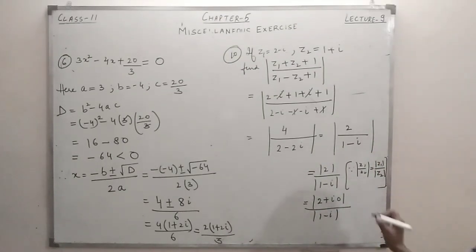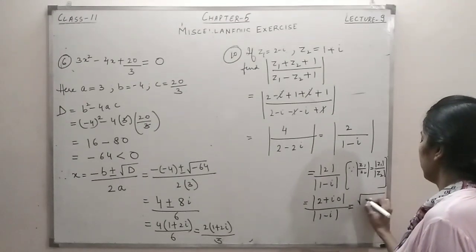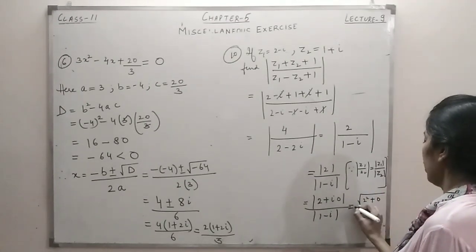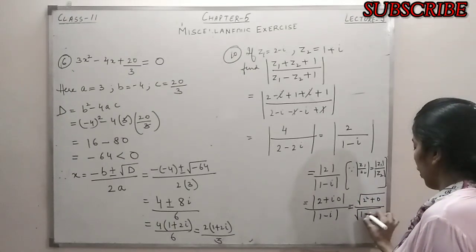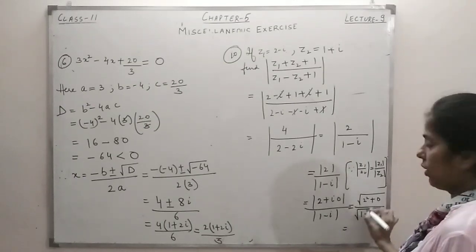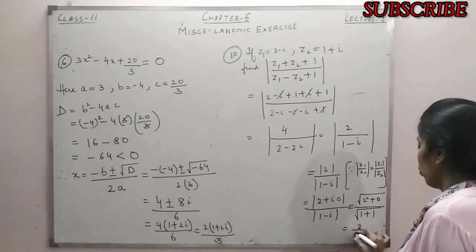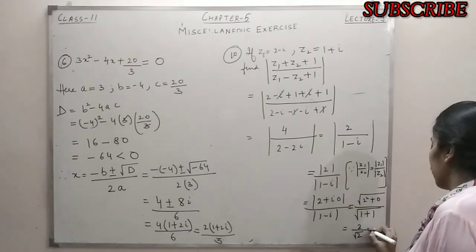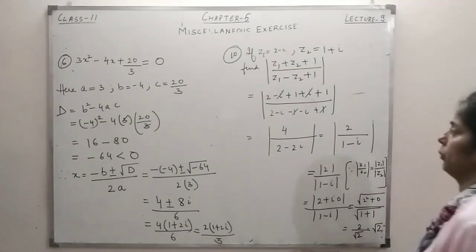How to find the modulus? That is the square root of the real part square, that is 2 square, plus the imaginary part square, that is 0 here, upon the square root of 1 plus 1. That is square root of 4 upon root 2, that is 2 upon root 2. We can write it as root 2.